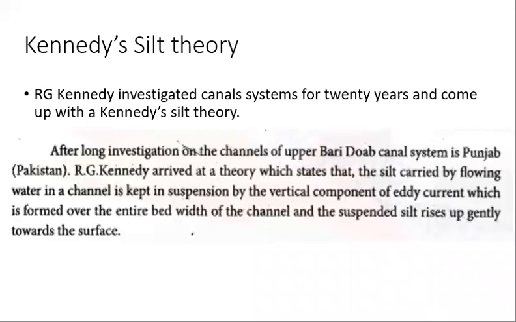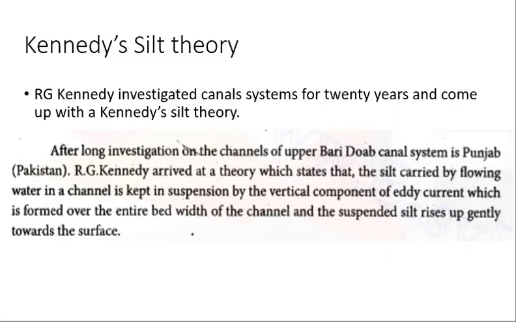So this is how you can fix your B by D ratio. Coming to Kennedy's theory, before that, there are two silt theories, as I said earlier. One is Kennedy's theory, another one is Lacey's theory.